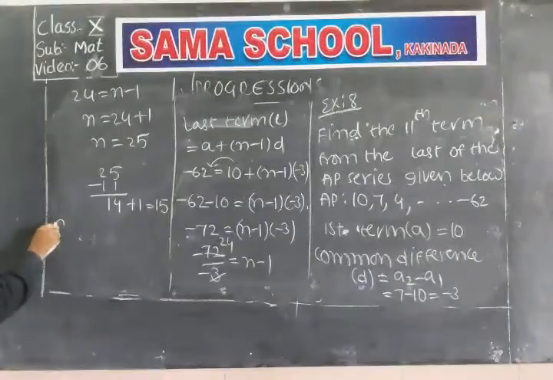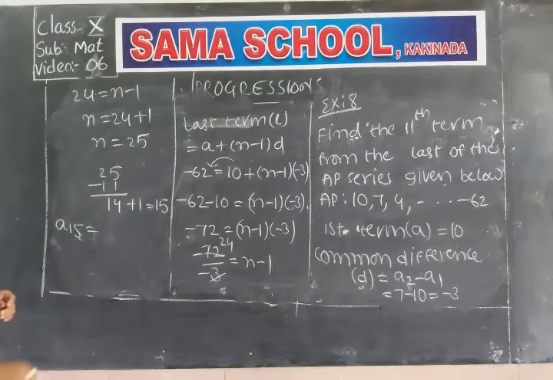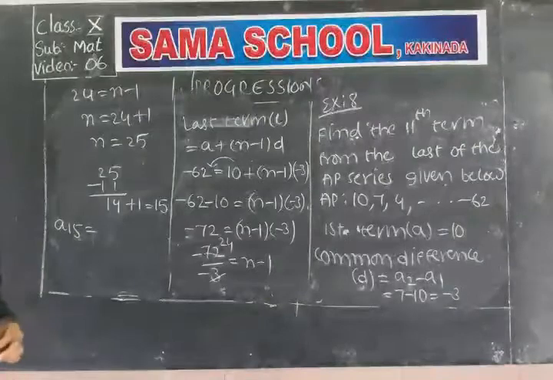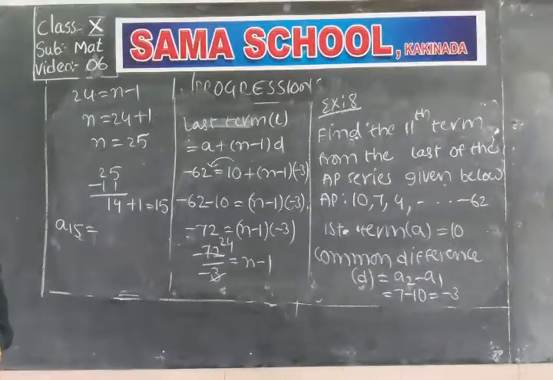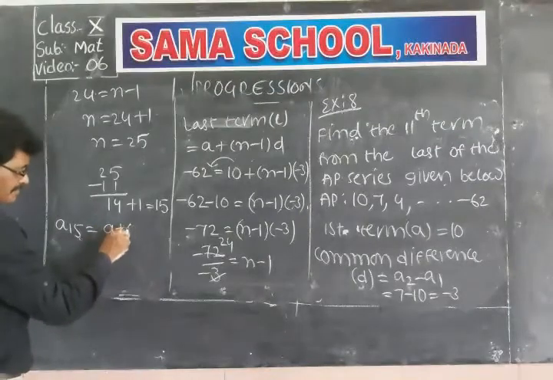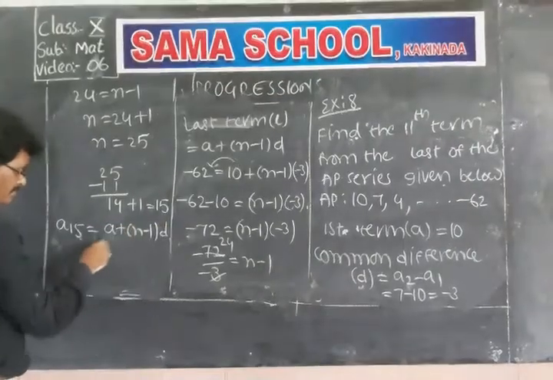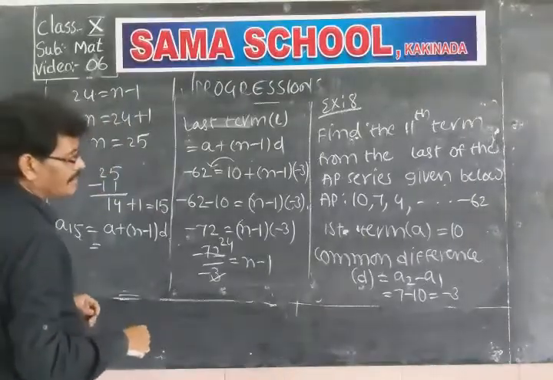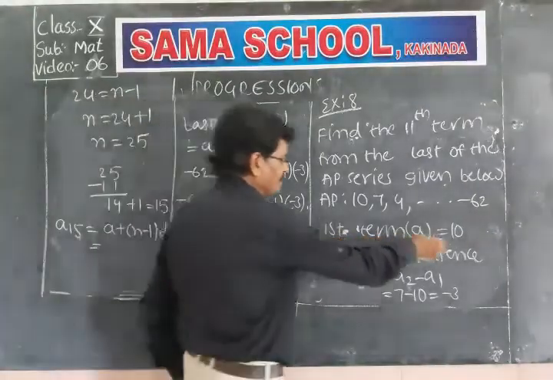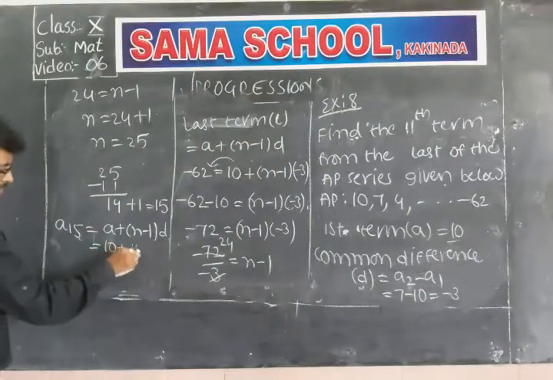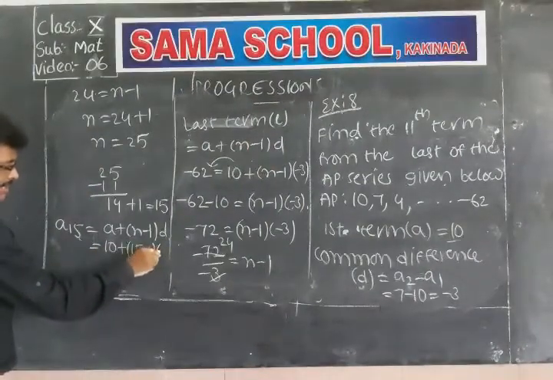So a15 is equal to a plus (n minus 1) into d. a is the first term, here we already know the first term is 10. First term 10 plus 15 minus 1 into d.